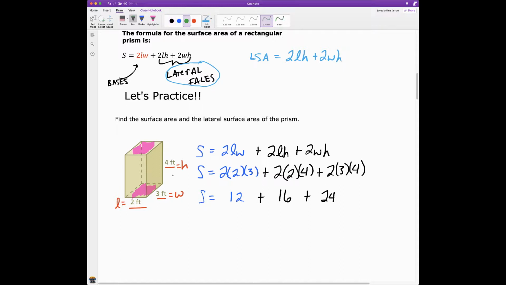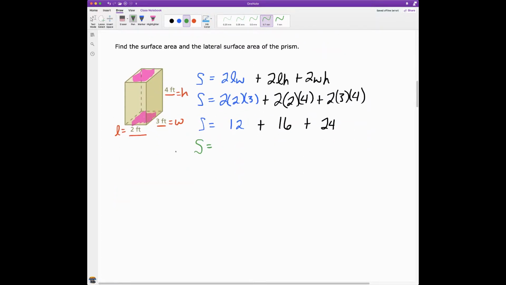So my final answer, my surface area will equal 52 feet squared. Remember, area is always squared. So 52 square feet of surface area.